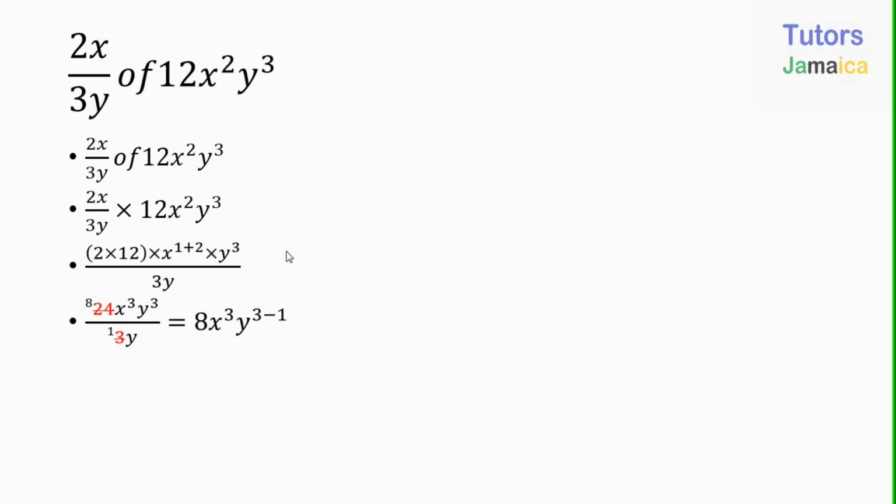and we're going to simplify that. So how do we simplify that? We say 3 into itself goes 1 time, 3 into 24 goes 8 times. So what we end up with is 8x cubed, because there is no x at the bottom, and y cubed minus 1.